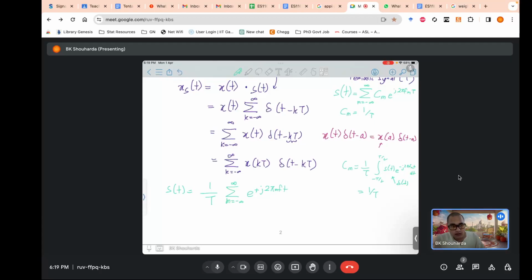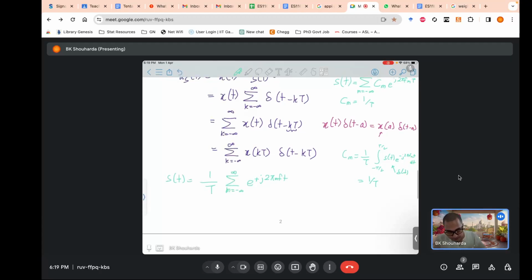Now how can you write this in the frequency domain, s of f? So it becomes s of f equals 1 upon T summation m equals minus infinity to infinity. What is this? Exponential, and you know exponential 1 in time domain turns out to be 2 pi delta of f in the frequency domain, isn't it?